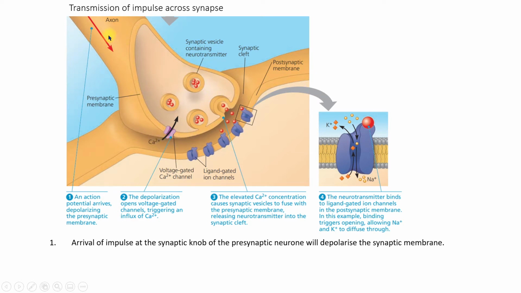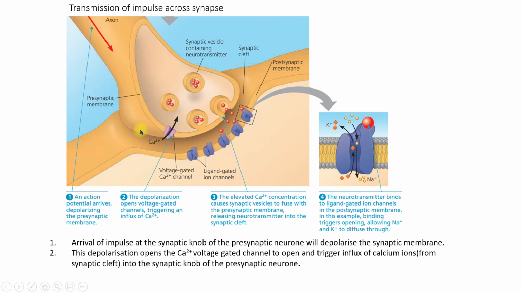The arrival of the impulse at this synaptic knob will depolarize the presynaptic membrane.